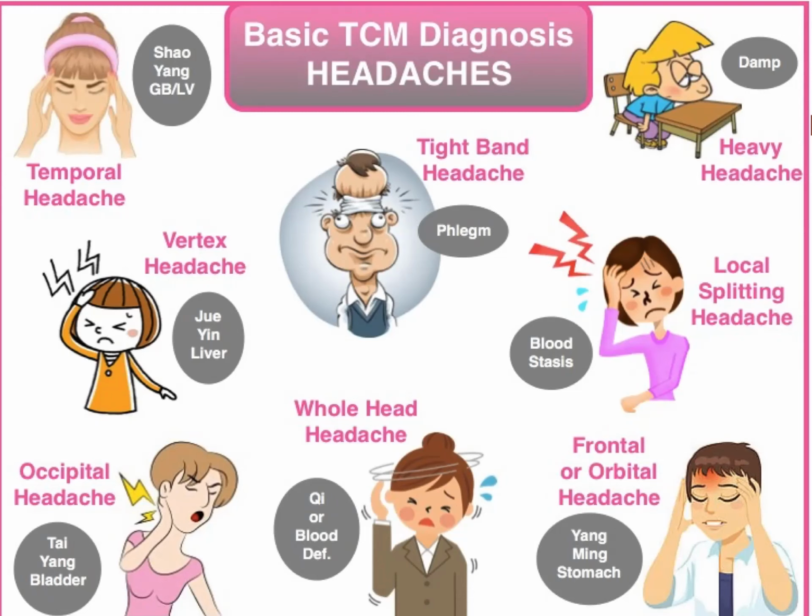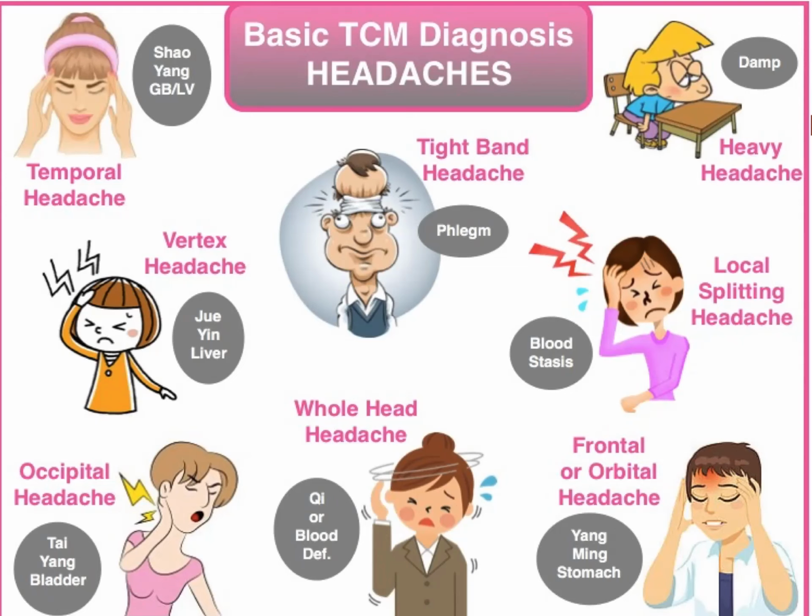A tight band headache is usually caused by phlegm, so we could use stomach 40. Heavy headaches are usually a manifestation of dampness. Local and splitting headache are due to blood stasis, so we could do bloodletting in the ear apex for this one.